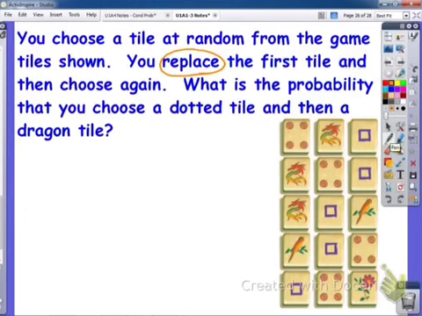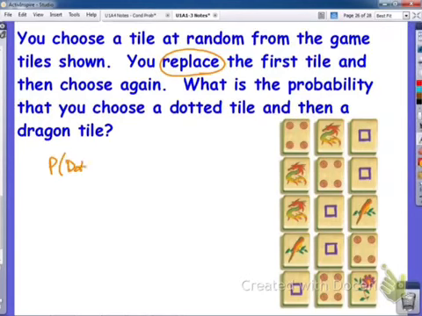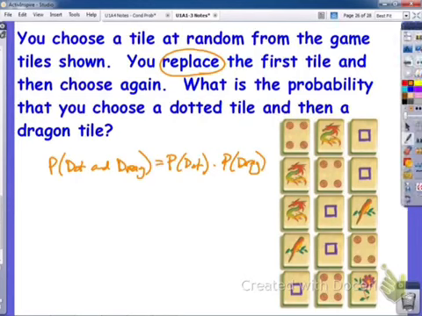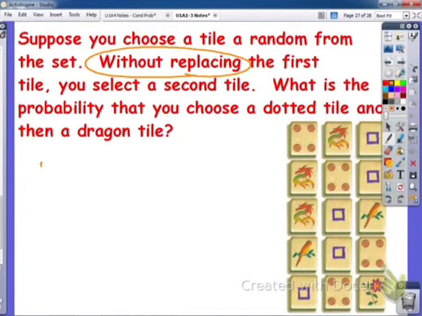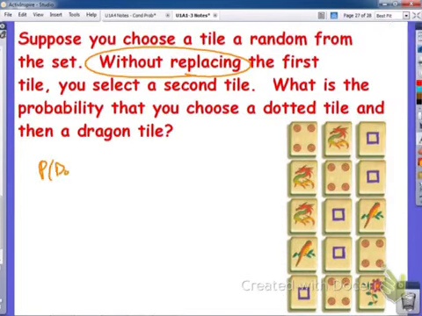So here's how this goes down. The probability of selecting a dotted tile and then a dragon tile is equal to the probability of selecting a dotted tile times the probability of selecting a dragon tile. Now that's for this problem. What would it be for the next problem? The probability of selecting a dotted tile and then a dragon tile.